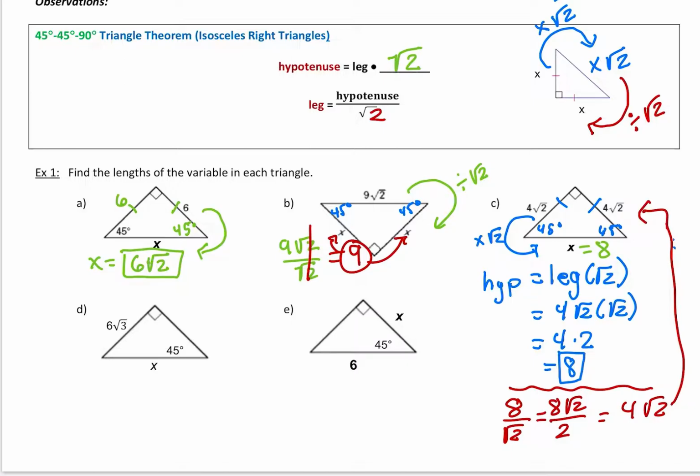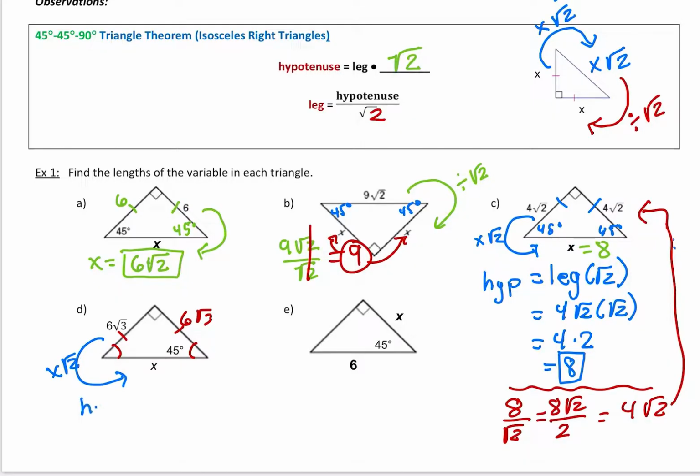All right, let's try 2 more on this side. So again over here you have a 45, which means that this is a 45. So this is a 45, 45, 90. Both of the legs are equal. And then to get the hypotenuse, we're going to multiply by the root 2.